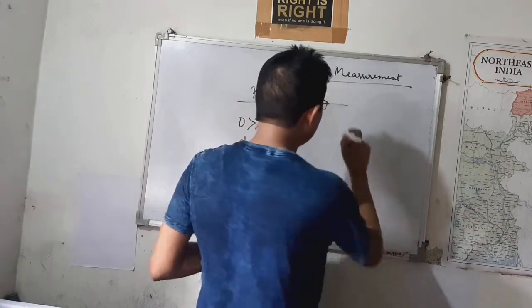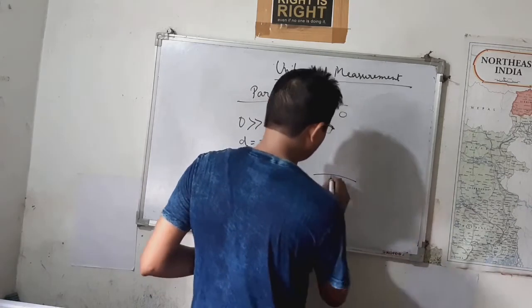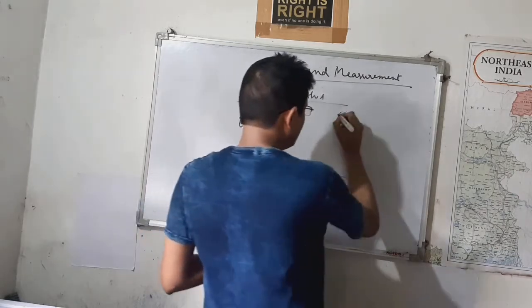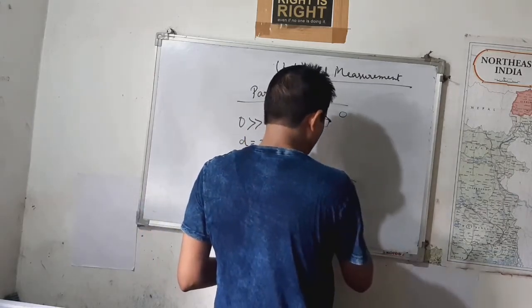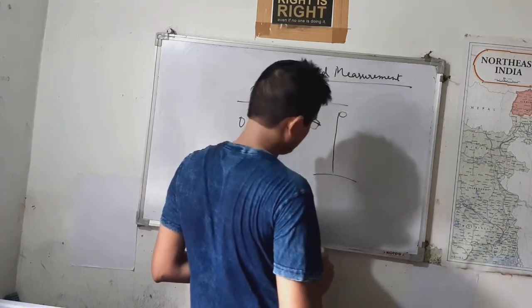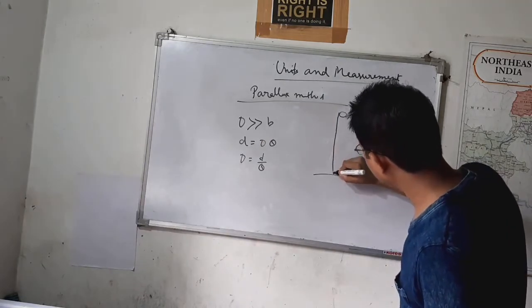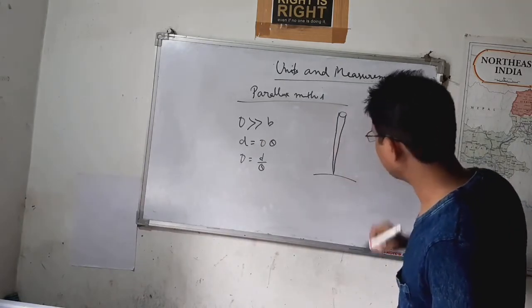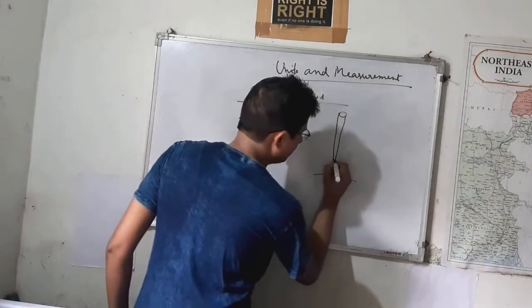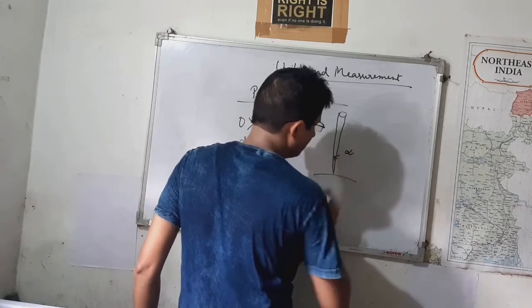Suppose this is a star and this is the Earth. I want to observe these edges of the star, and I also see these edges of the star. Then the angle between them is, suppose, some angle alpha.